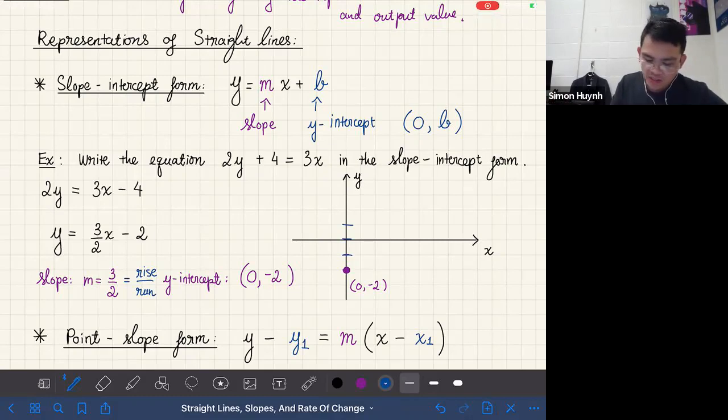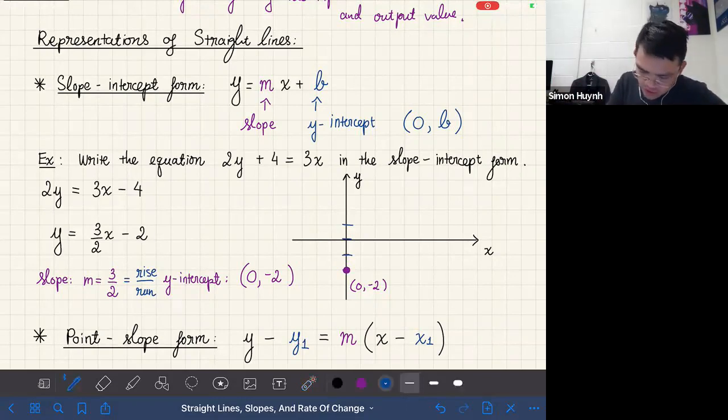And I will run. I want to run over 2 units because both are positive. So I will go up and go over to the right. If it's negative, then you would go down, but you get the point.